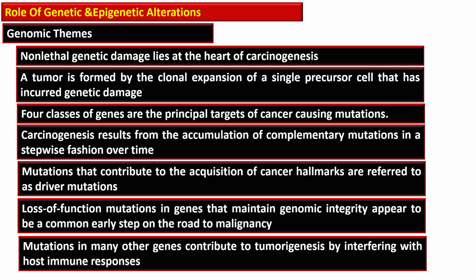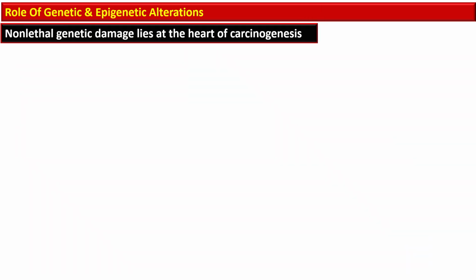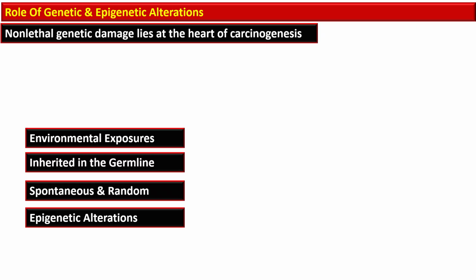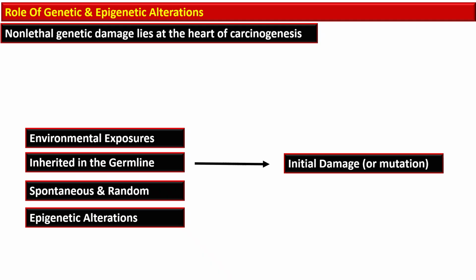These are not always classified as drivers, but still influence the behavior of the tumor. The non-lethal genetic damage is the initiating event of carcinogenesis. Without causing immediate cell death, these mutations set the stage for the cancer development.